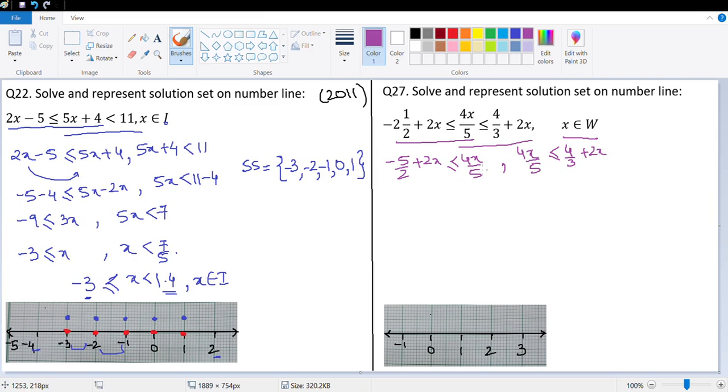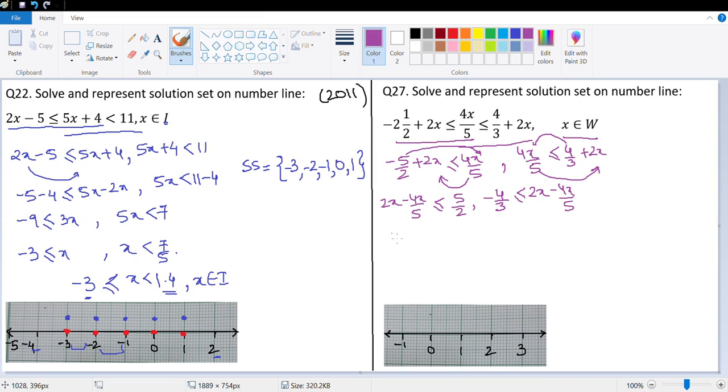Now I will take this here because I always prefer to keep my x as positive. Similarly, I will take this on the other side, and 4 by 3 would come here. So this becomes 2x minus 4x upon 5 is less than or equal to 5 by 2, and this becomes -4 by 3 is less than or equal to 2x minus 4x upon 5.